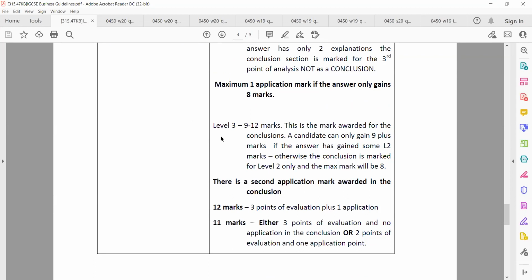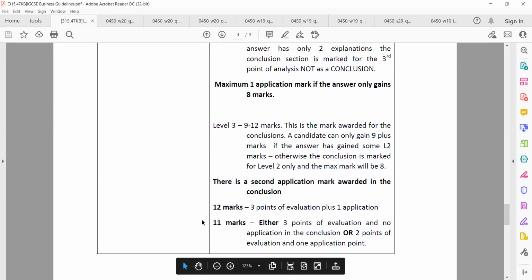If you want to get 12 marks, 3 evaluation plus 1 application. If you want to get 11 marks only, 3 evaluation and no application, or 2 evaluation and 1 application.